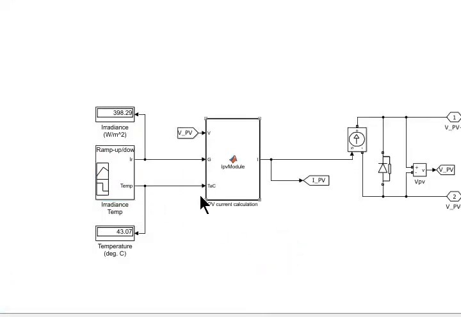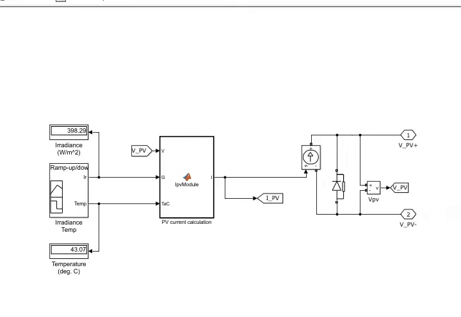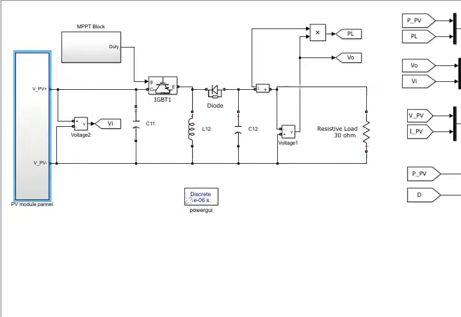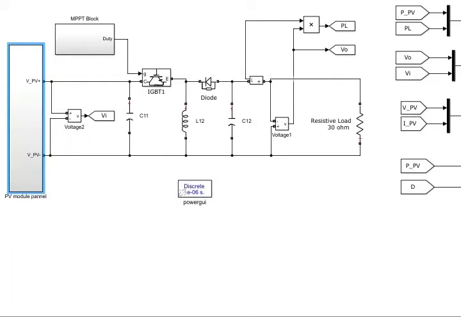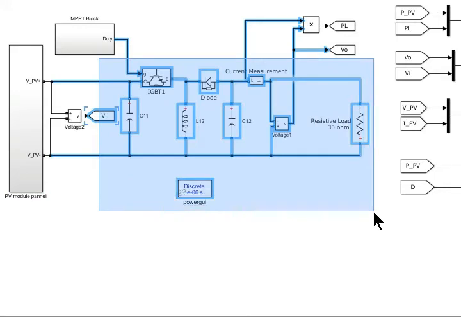The G and temperature are given to this PV module, and this is the PV model we have implemented. This is the DC-DC converter here.